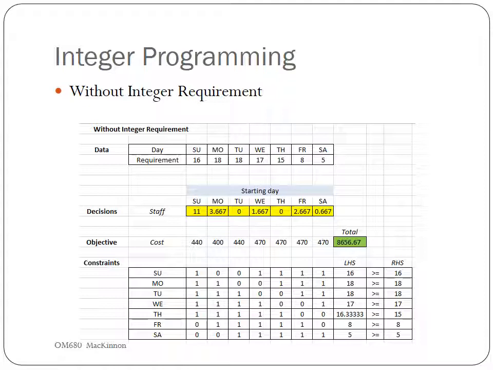So keep in mind, take a look at our objective total. It's 86, 56, 67. Because I said before that we can take a different route with this. We could round these up or down, and that certainly is a legitimate way of doing things. But follow along here, and we'll see what happens.